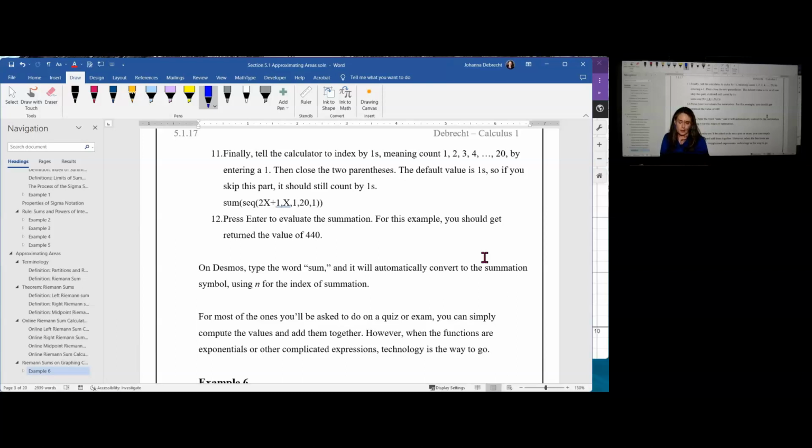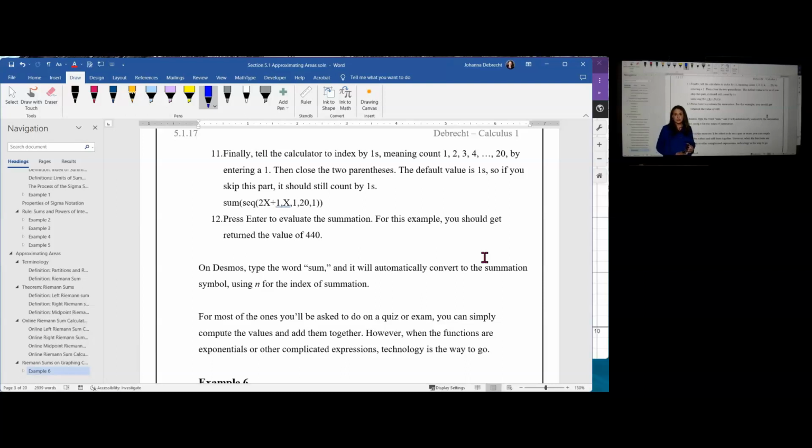There are some other graphing calculators whose age is somewhere between the oldest and the newest. And on those graphing calculators, you may end up with an expression. It will ask you for the variable. It will ask you for the expression, which is the summand. It will ask for the lower limit of summation, the upper limit of summation, and your iteration value, which for us is always 1.